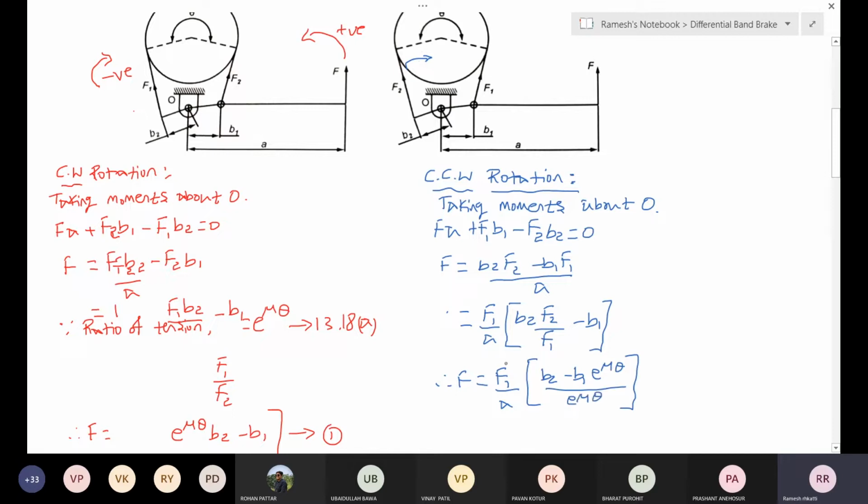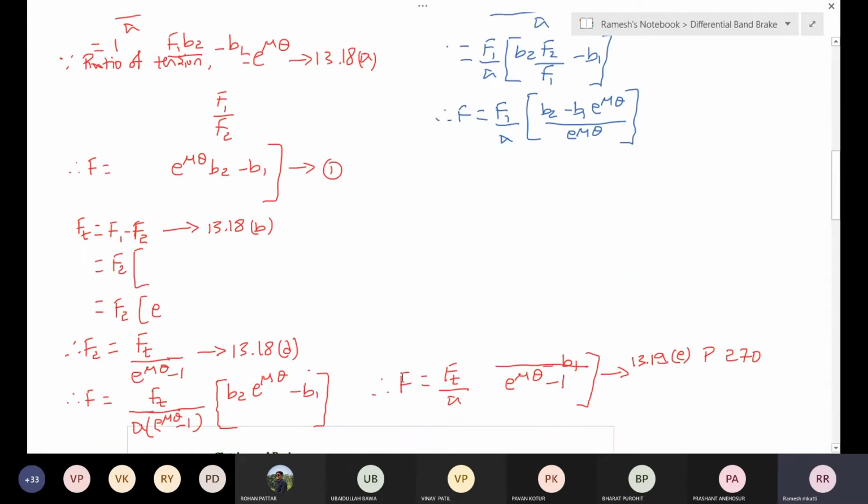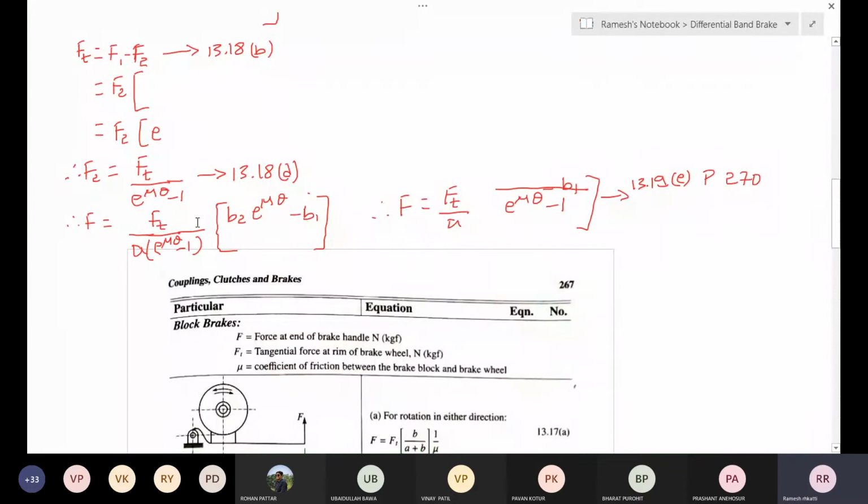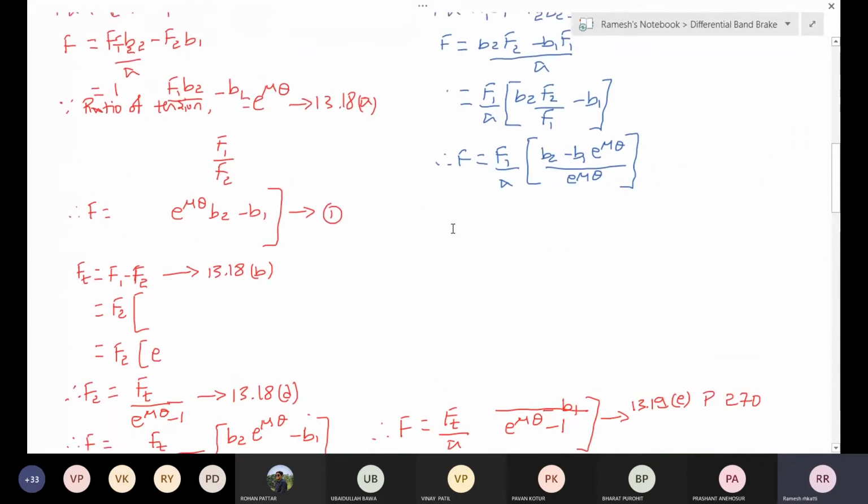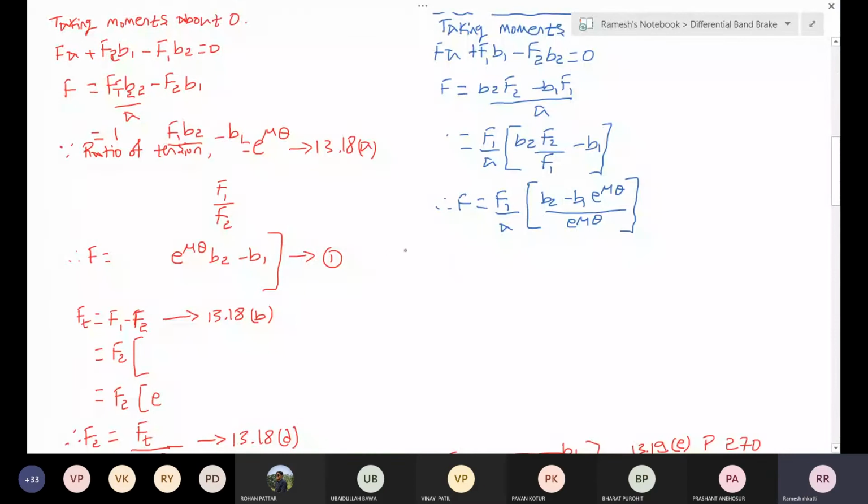Now you need to calculate the F1. Once you get the F1, what you have done in the previous problem, you have to substitute that, and after that you are going to get the value of F. Therefore after substituting all those things you will be getting the value of F. The final equation will be F is equal to tangential force divided by a.